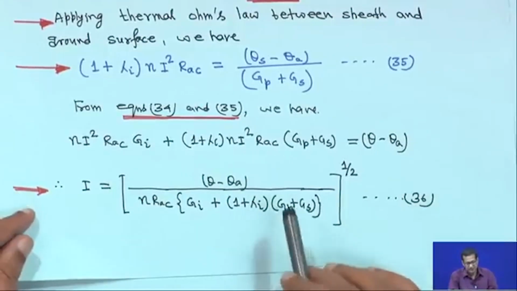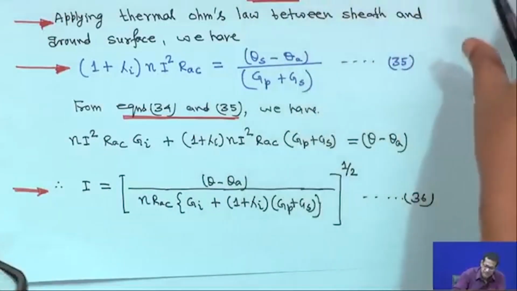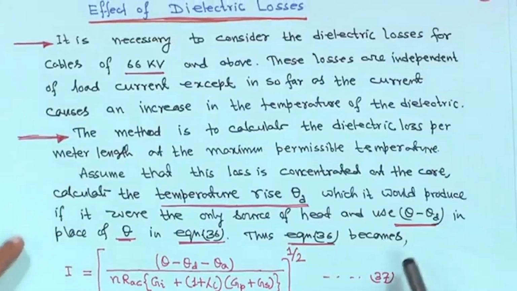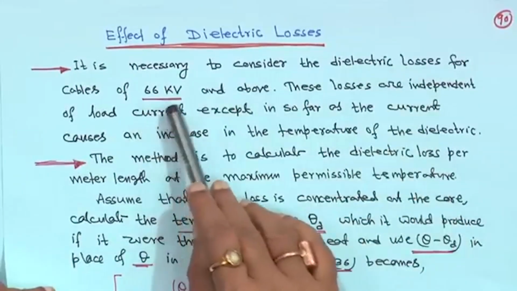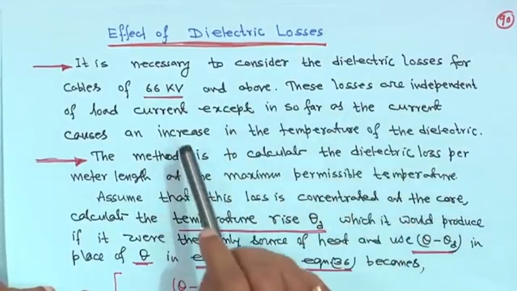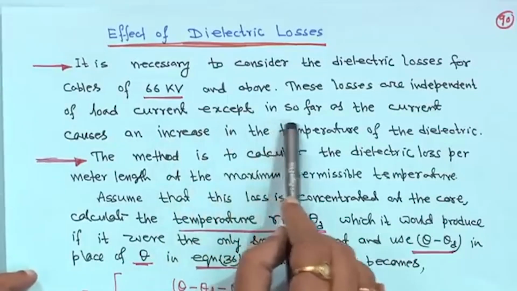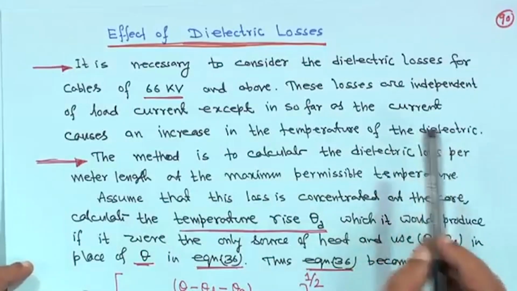This is the expression of I, but now the question is that you have to include also the effect of dielectric loss. If we include the effect of dielectric loss, this equation will be modified. It is necessary to consider the dielectric losses for cables of 66 kV and above. These losses are independent of load current except in so far as the current causes an increase in the temperature of the dielectric.